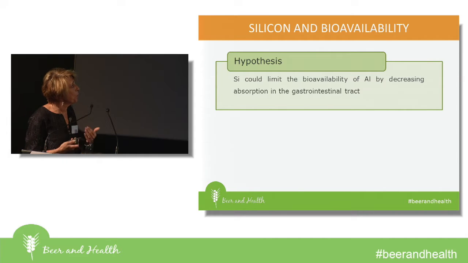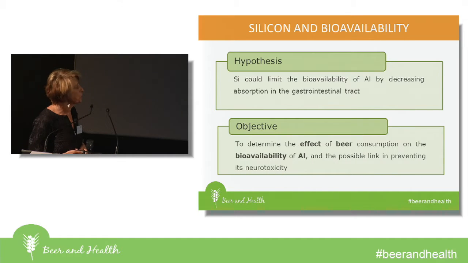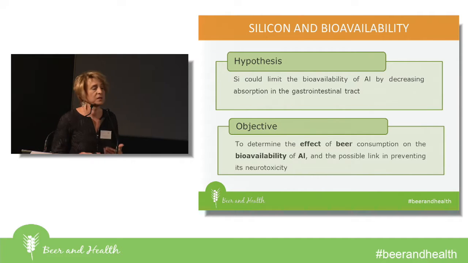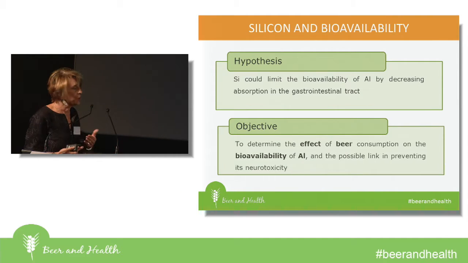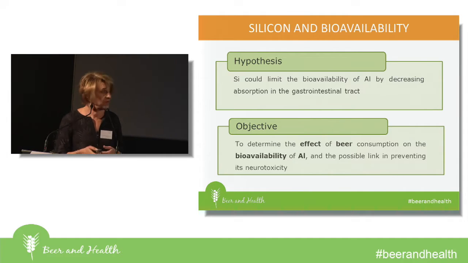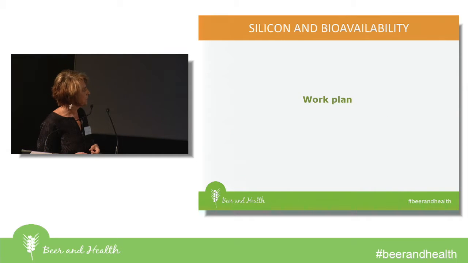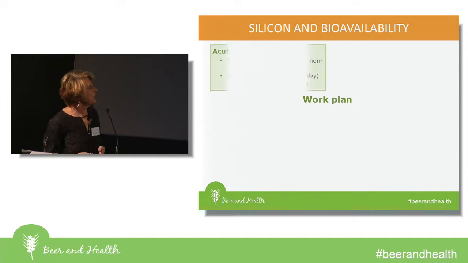Taking into account these different theories, we have developed a hypothesis on the effects of the absorption in the gastrointestinal tract. So we decided to determine the effect of beer consumption on the bioavailability of aluminum.